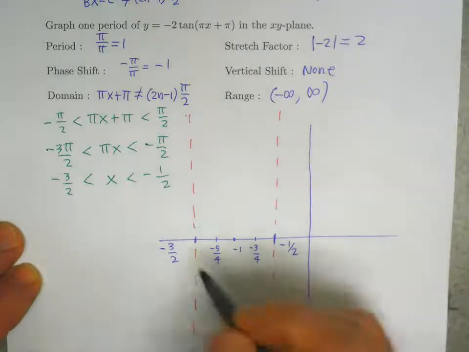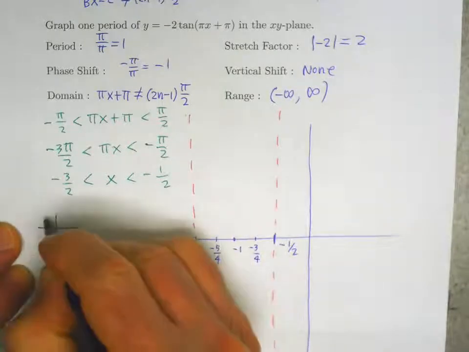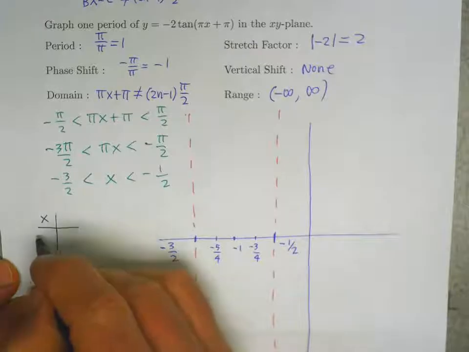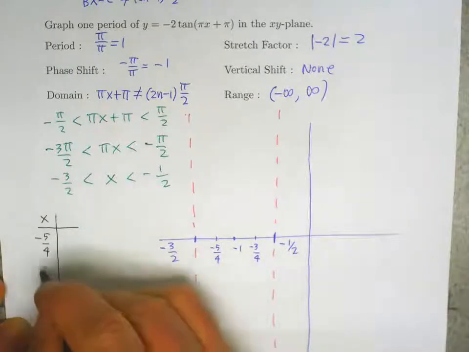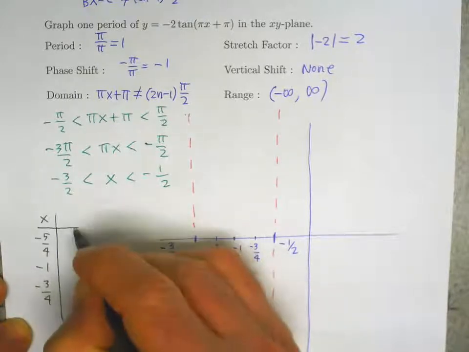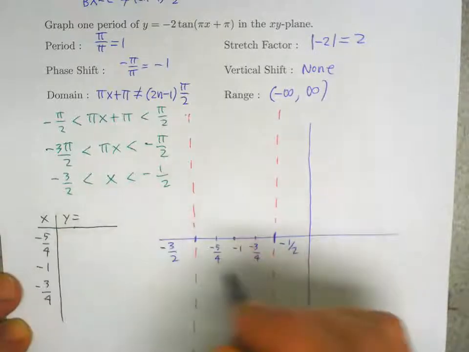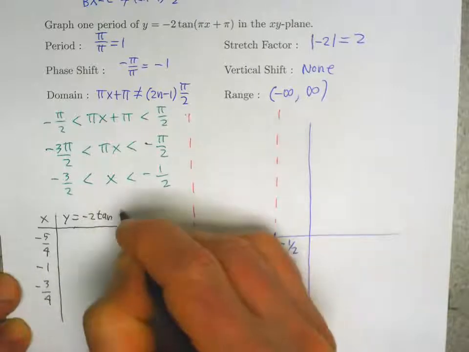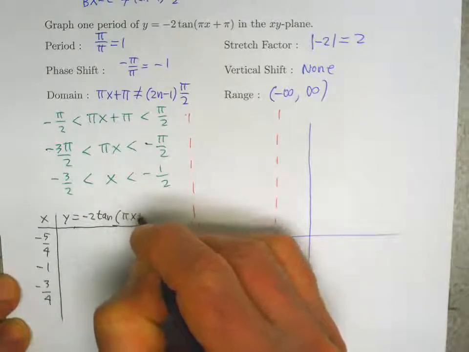Okay, so on this one, I'll use a chart for those input values. The input values are negative 5/4, negative 1, and negative 3/4. And then I'll rewrite what the y value is. Y equals negative 2 times the tangent of pi times x plus pi.